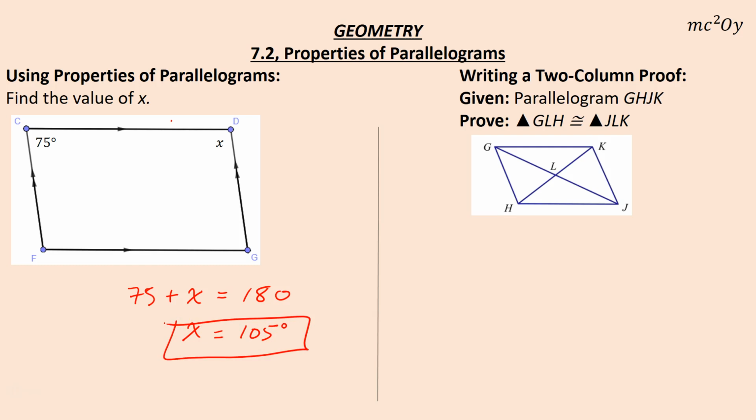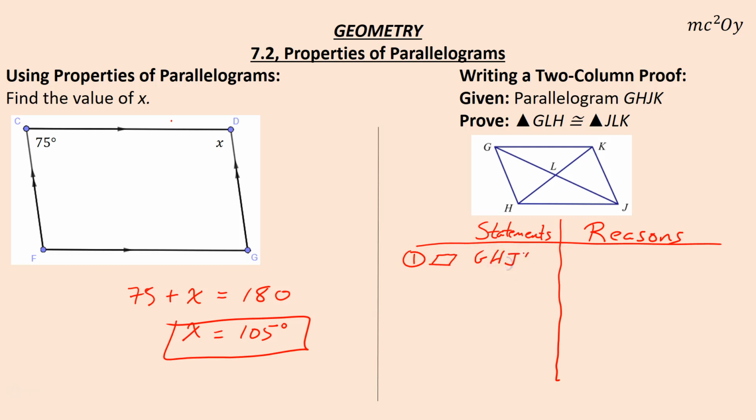It also helps us to prove triangles within a parallelogram congruent. Okay, so if I were to look at this proof here, I can do this a couple different ways, but if I have my statements and my reasons, okay, I'm given a parallelogram, so rather than writing out the word parallelogram, I'm going to use this little symbol here. Parallelogram GHJK, and now when I'm given that, I'm given all those properties we just talked about. We know that opposite sides are congruent.